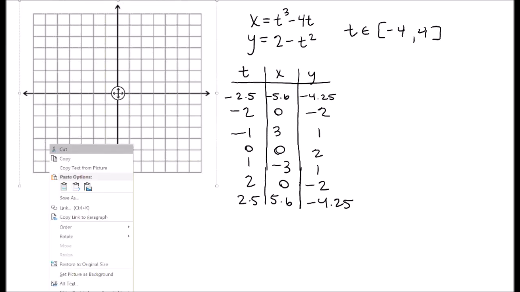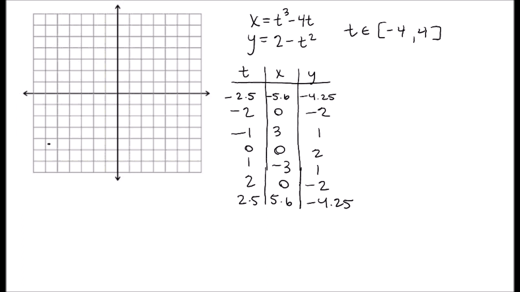Oops, there we go. There we go. And then when t is -2, we have 0, -2, so see, I moved a long way. And then at -1, it's 3, 1. At t equals 0, it's 0 and 2.